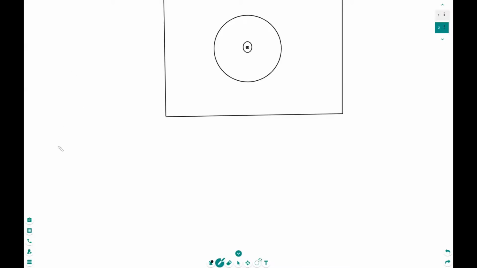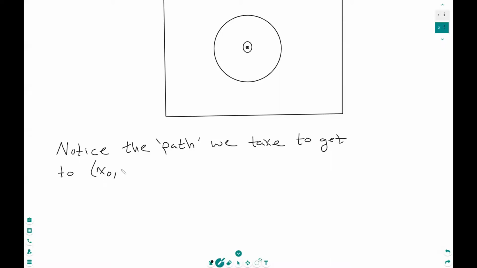So some more talk. Notice the path we take to get to the point x naught, y naught does not matter if the limit exists.